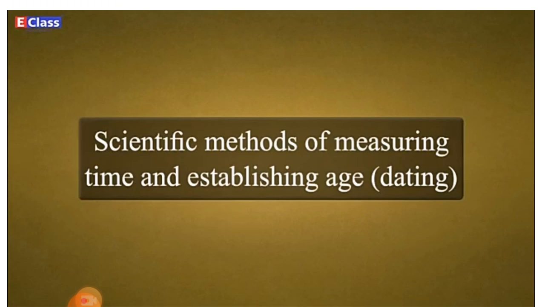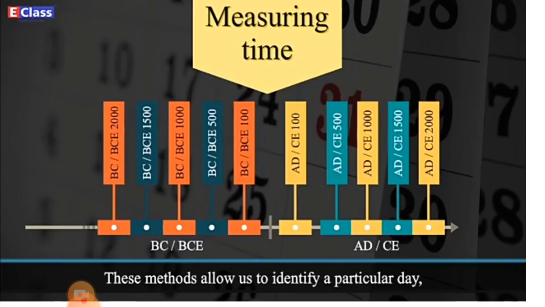Now we are going to learn about scientific methods of measuring time and establishing age. It means dating. We have seen that there are various methods of measuring time. These methods allow us to identify a particular day, month or year with respect to an earlier or later day, month or year.